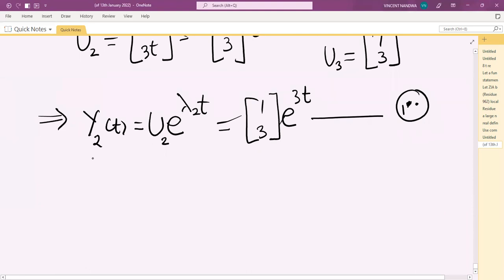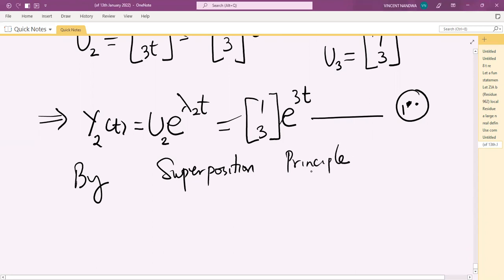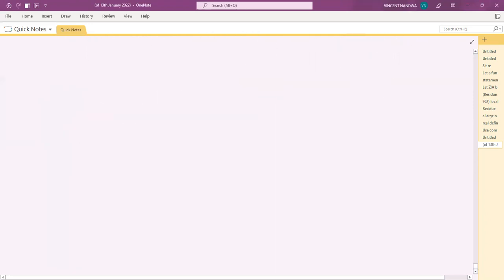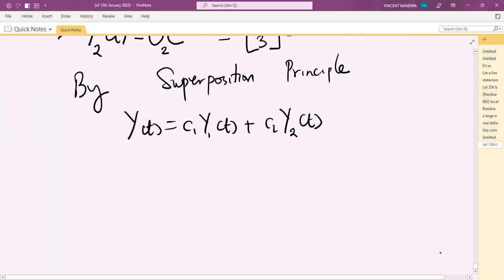So by superposition principle, y of t is given by c1 y1 of t plus c2 y2 of t is a general solution.